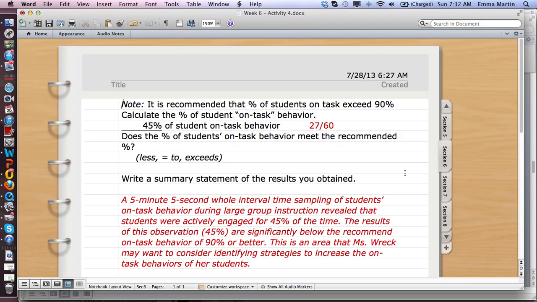So the type of sampling and the conditions under which that sampling occurred. Students were actively engaged 45% of the time. The results of this observation are significantly below the recommended on-task behavior of 90% or better. This is an area that Ms. Reck may want to consider identifying strategies to increase the on-task behavior.